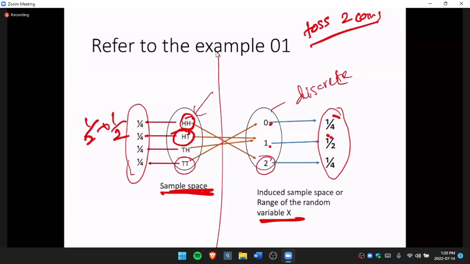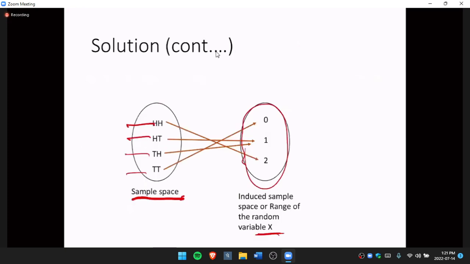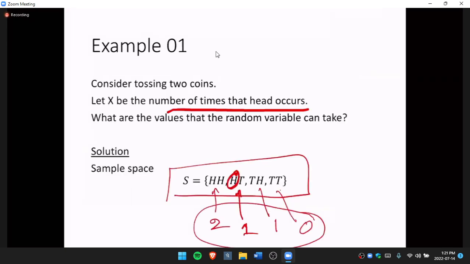But here we have converted our sample space into the induced sample space, according to the random variable we defined. Understand? The random variable in this experiment is X, the number of times that head occurs. That means X is a discrete random variable. The values of the random variable were 0, 1 and 2.